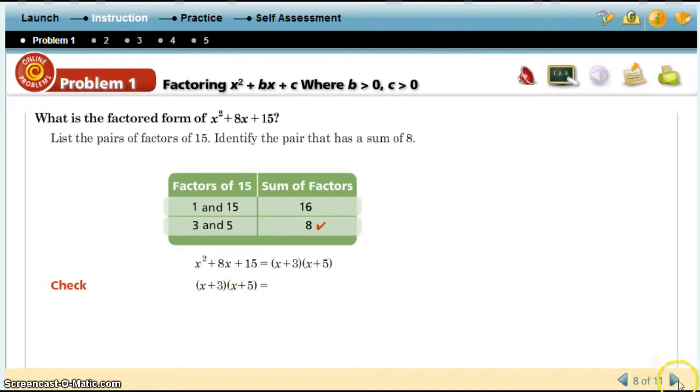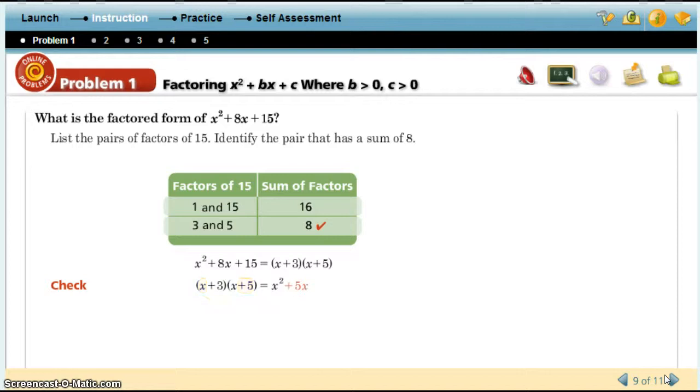So let's use the FOIL method. And that's another thing. That's the reason why we broke x squared into x and x. Coefficient of 1, that's what makes these a lot easier. When you do x times x, you get x squared, so that's one of the reasons we broke those. So let's do the FOIL method. Those are your first terms. Those are your outer terms.